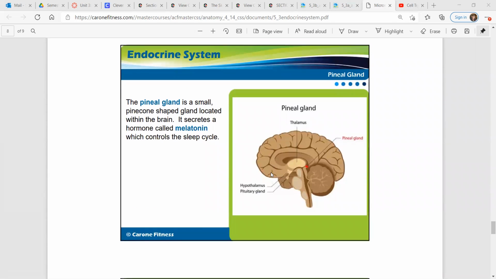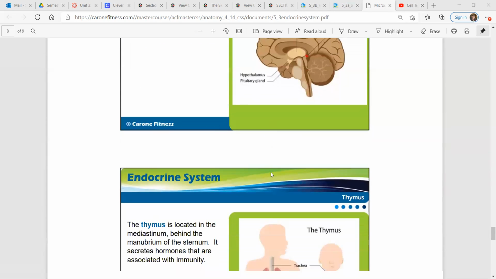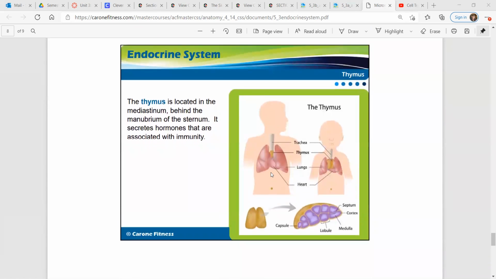The pineal gland is another small pine cone shaped gland located within the brain, and it secretes a hormone called melatonin. Melatonin controls your sleep cycle. So when you're tired in bed, this is the gland working away, trying to get your body to stay asleep.